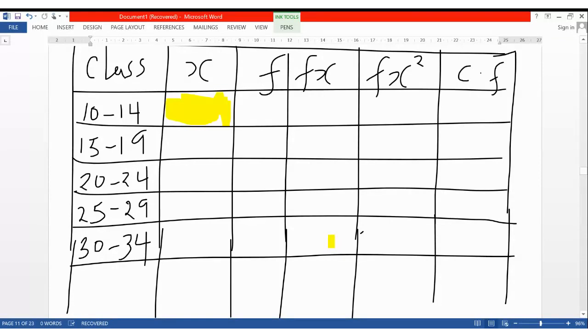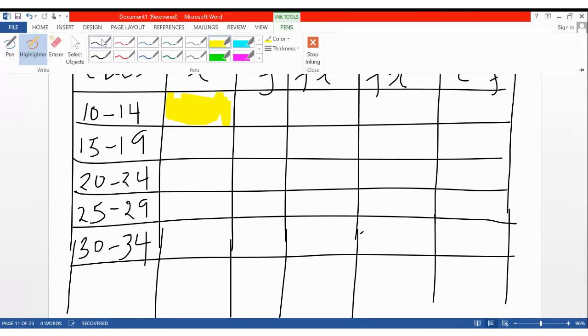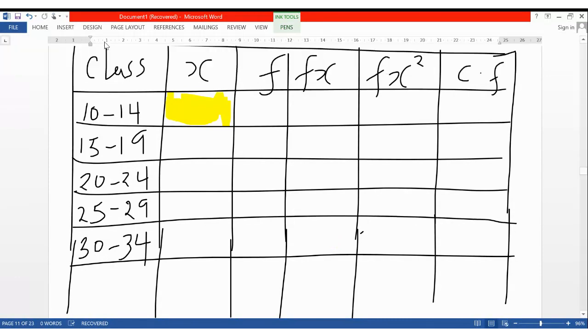You say it is 10 plus 14, you divide by 2. You get 12. So if you do the rest here, you'll get 17. Here you'll get 22. This one you'll get 27. And this one you shall get 32.